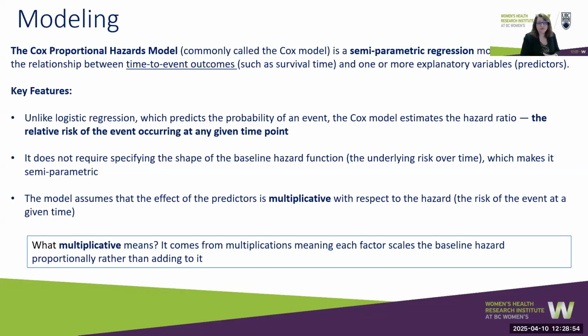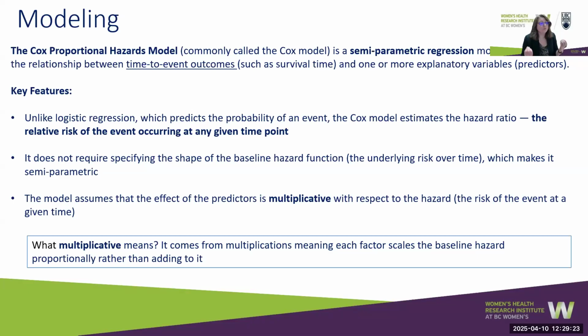multiplicative. If you remember linear regression, for an increase of 0.1 in X, Y changes linearly. Here we're not adding, we're multiplying. The predictors are multiplicative with respect to the hazard. What multiplicative means is that each factor scales the baseline hazard proportionally rather than adding to it.